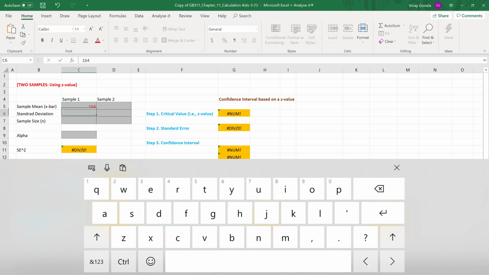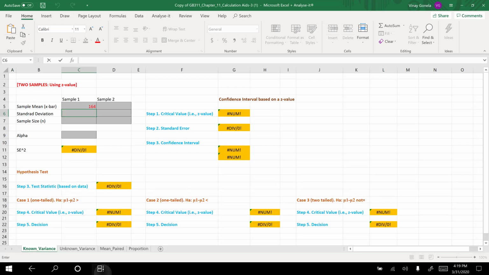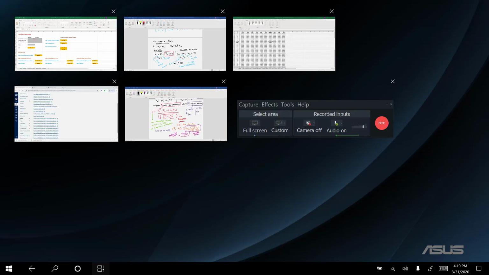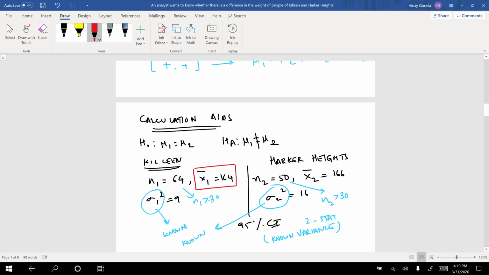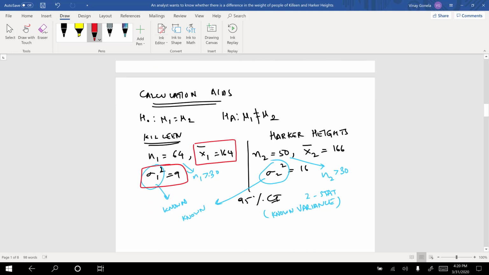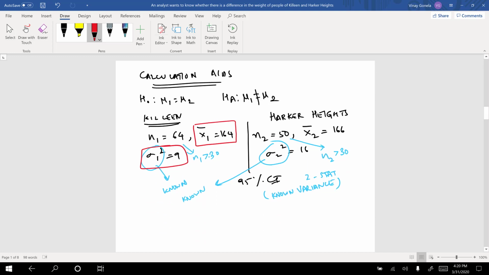And then I have sample standard deviation. The variance is given as 9, so what would be the standard deviation? If sigma 1 square is 9, what is sigma 1? Square root of 9, which is 3.